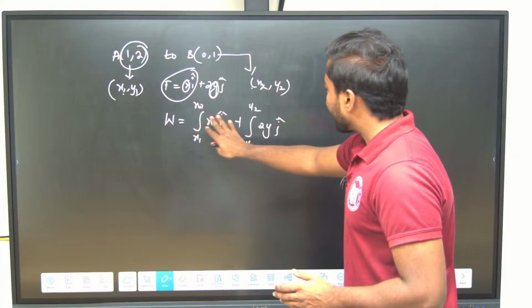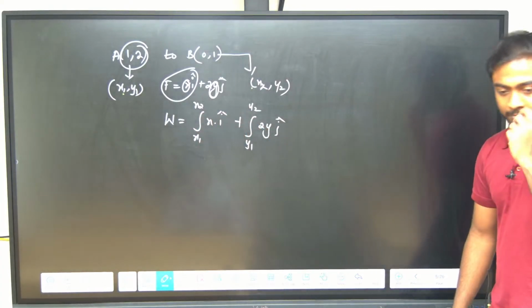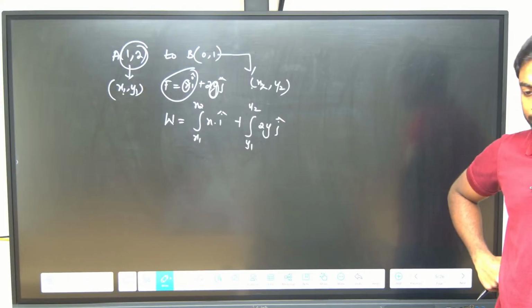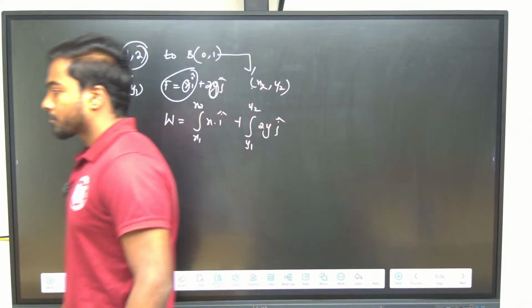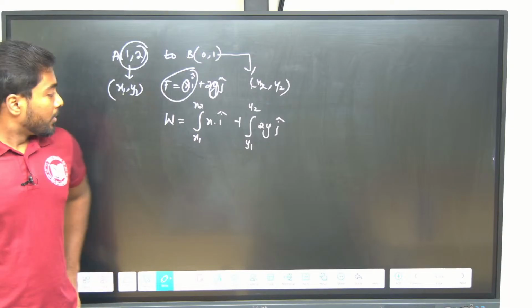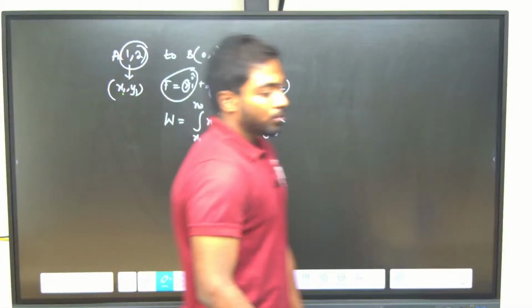Now we have separated and we have added like this. X1 is initial, so x1 will be 1 and x2 will be 0.